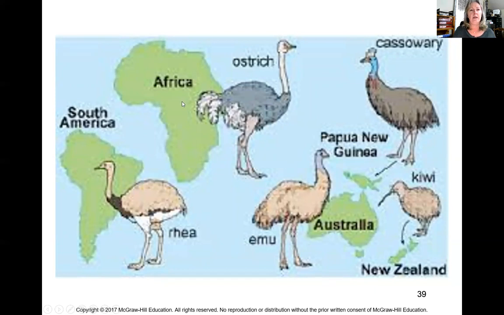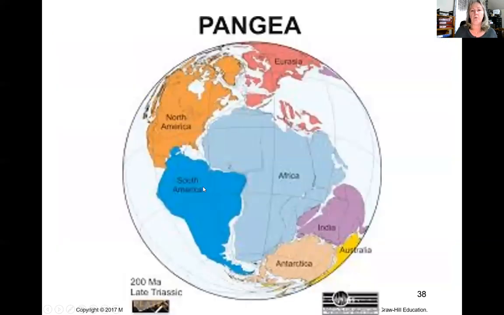And when he traveled to Africa, he saw the ostrich, and around the tip of South America, he saw the rhea, and then in Australia the emu. He had the idea that these had a common ancestor. And this could be reasonably true if you agree that this is a possibility too.